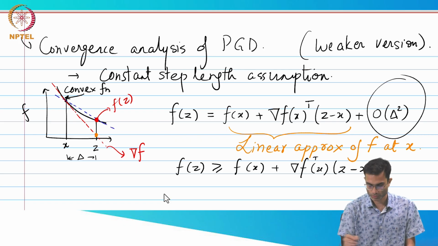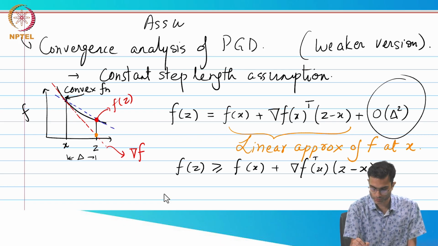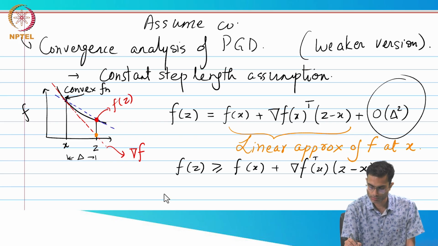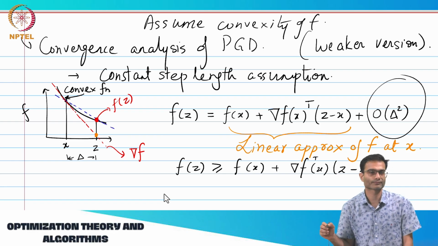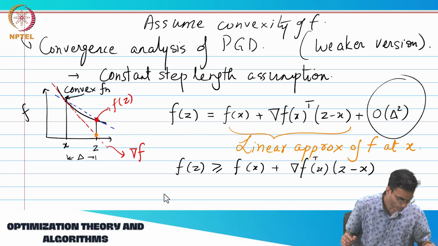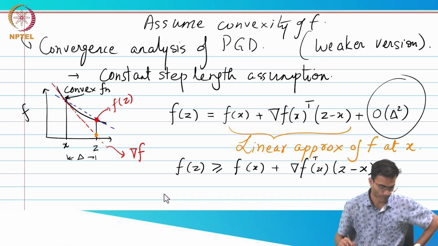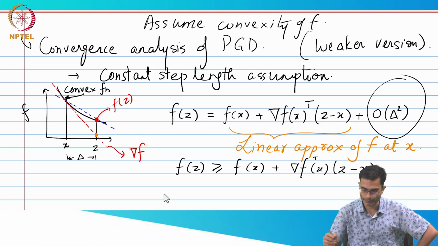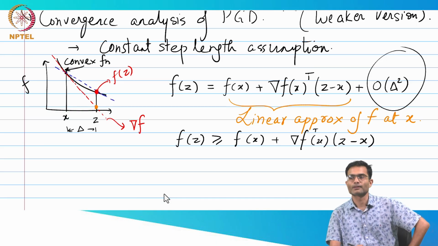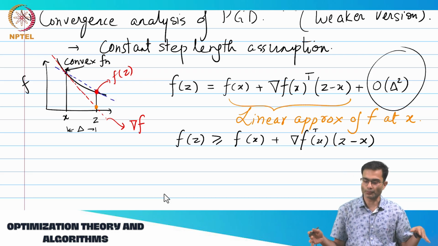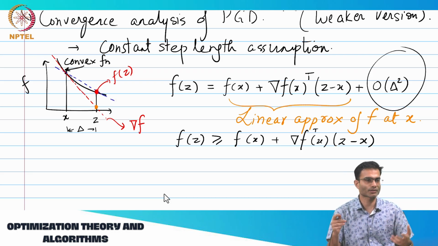I'm just going to write this over here, assuming convexity of f. Before I go through the entire proof, I want to give you a sketch of what we're going to do.